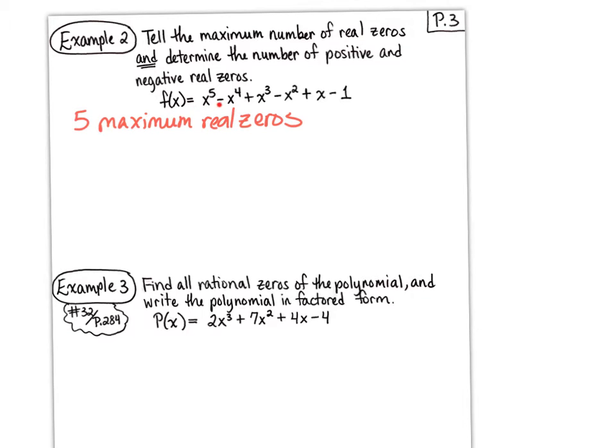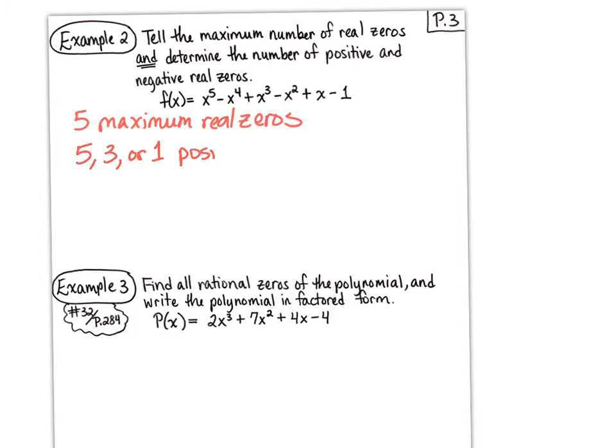Count them. 1, 2, 3, 4, 5. So we have 5 or less an even integer. So tell me what are the other possibilities. 5, 3, or 1. Very good.